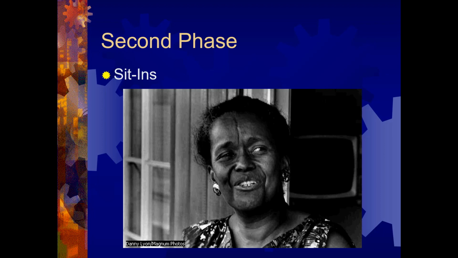This is something that SNCC really was very interested in: getting the local population to begin to work rather than just going in for a speech or an event and then leaving and not leaving anything behind.